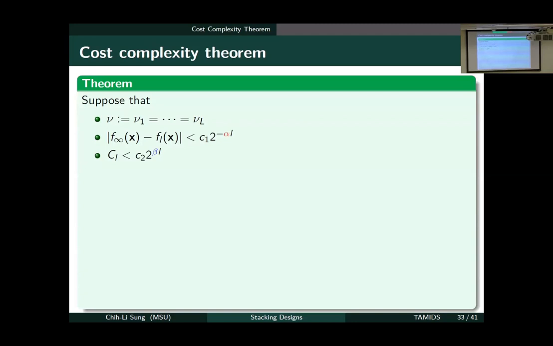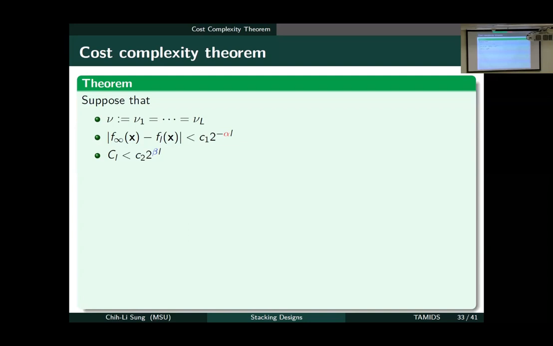This is the same as the previous slide, but I'm using this geometric sequence of mesh sizes, so you see 2 here. Furthermore, I assume this cost is governed by this rate beta. I think this is intuitive.